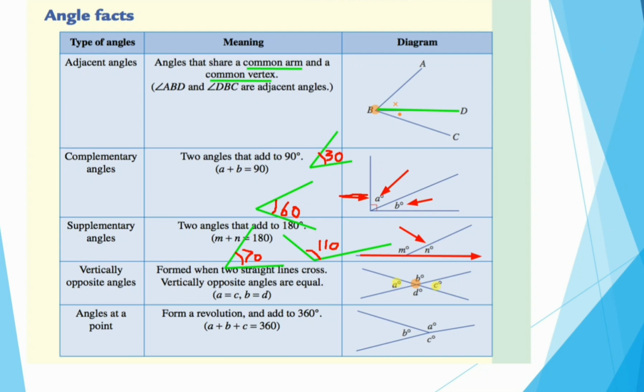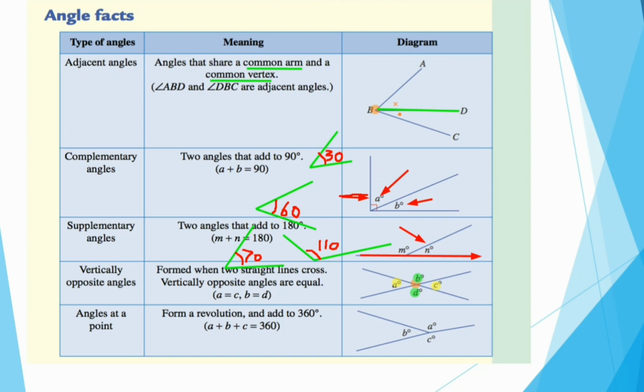So they are vertically opposite angles. And another pair, you can look at this. Another pair is angle B and angle D. So the angles which are shown by yellow are a pair of vertically opposite angles, and another pair of B and D are shown by green color here.